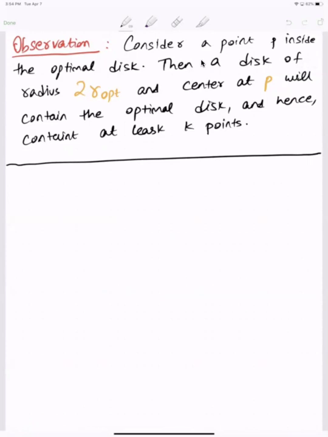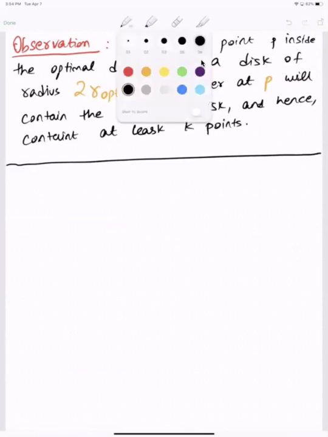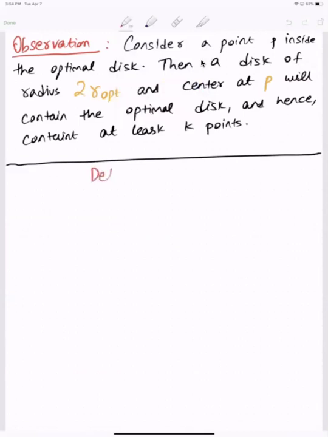Okay, so let's talk about the deterministic algorithm now. This deterministic algorithm will try to mimic the observation that we made above. Okay, and how does it do it?